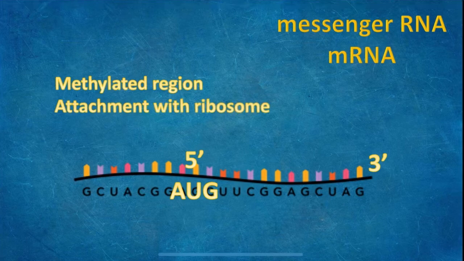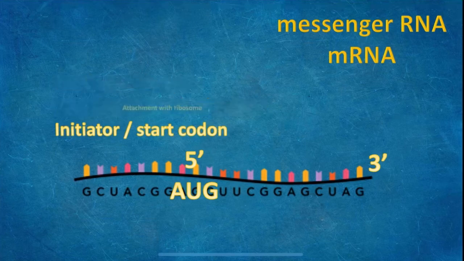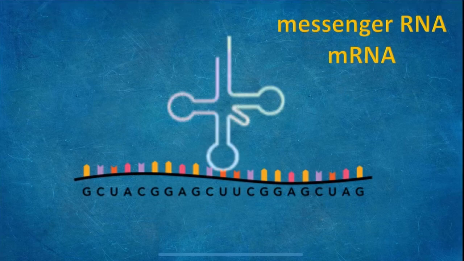At this site the ribosome will be attached because it is called the initiator or start codon. From here only the protein translation can begin. After this AUG, the tRNA will come and bind along with the ribosome, and then the translation will begin after the AUG sequence.